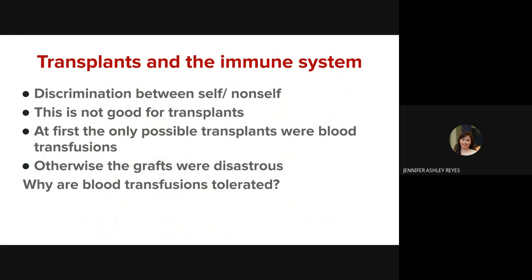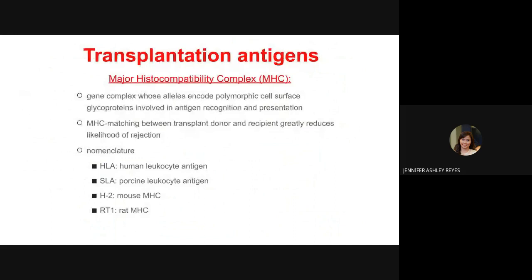Okay? So antigens of allografts will serve as the principal targets of rejection, as these proteins are encoded by MHC. So meron tayong tinatawag na transplantation antigen. So yun yung major histocompatibility complex.